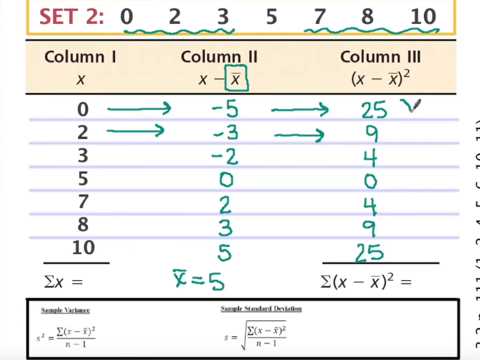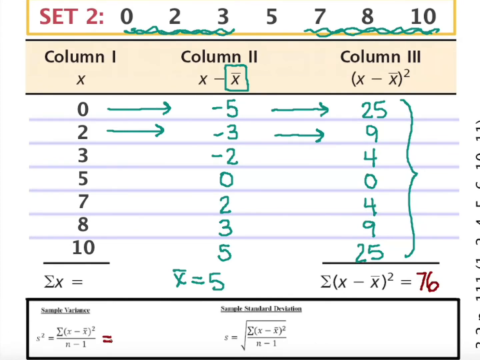And I think already you can see that we have a larger total here, right? Because those numbers are more spread out than the first set, we should get a larger total right here. In this case, the total is 76.